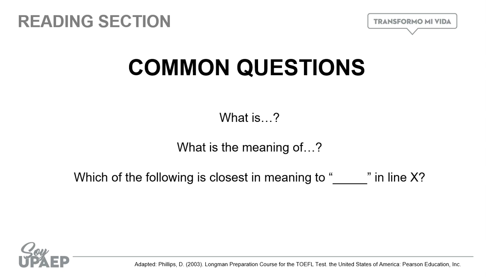These are some common questions, just as in the previous vocabulary video, right? These are the kind of questions that refer to vocabulary definitions. For example, what is the meaning of, which of the following is closest in meaning to in line X, right? And let's review the different steps that we need to follow in order to determine the meanings of vocabulary when using word parts.